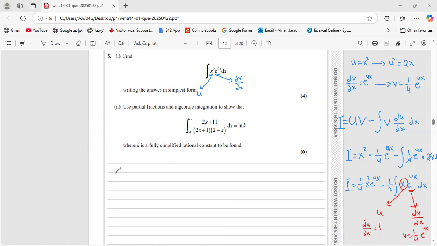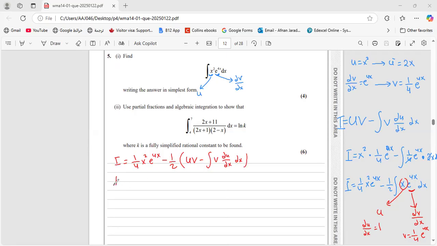Now the integration equals 1 over 4 x to the power of 2 e to the power of 4x minus half multiplied by the formula uv minus the integration of v du over dx.